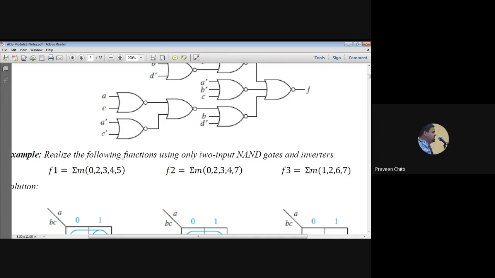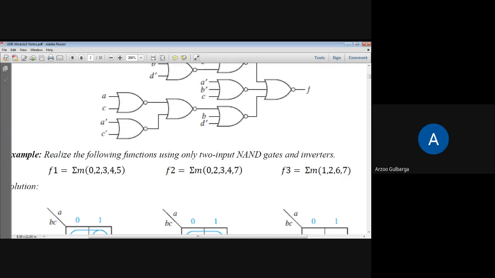Here you have to use what? Two input NAND gates only, right? Anyhow, inverted inputs are available, so we need not bother about the inverters. So we'll assume that the inverted or complemented inputs are also available. So quickly, can you simplify these three functions using K-map? How many variable K-map you need to use?